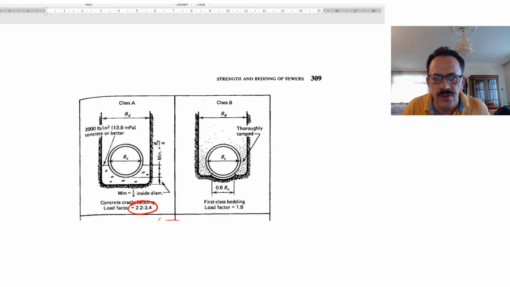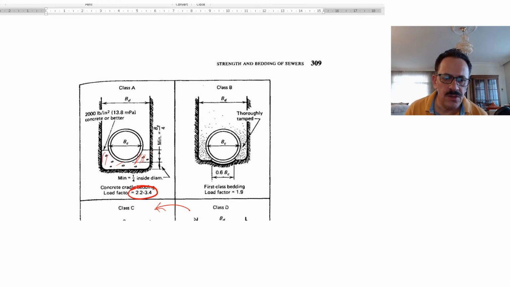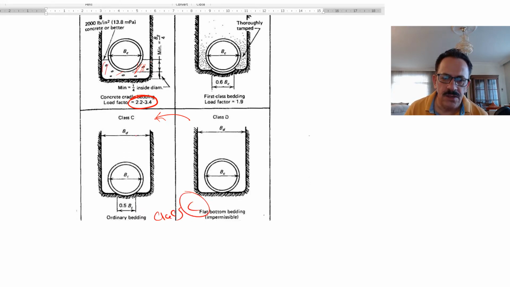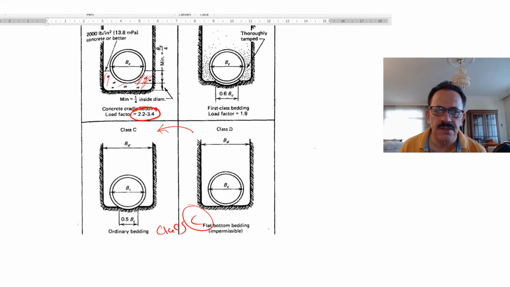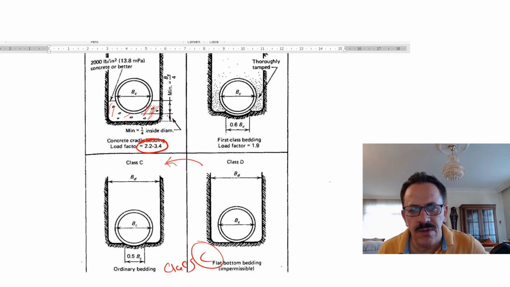It means you have to use class A. Means you have to add concrete here, while for class C we don't need to use any concrete. So you can see in class C we don't have any concrete, but for class D, A, we have to use at least 24 divided by 4, which means 6-inch depth plain concrete, and we have to use another concrete.